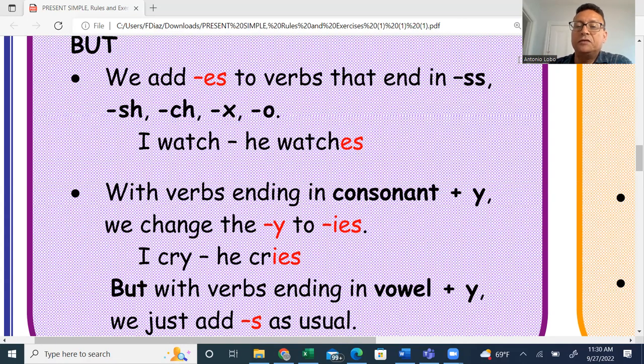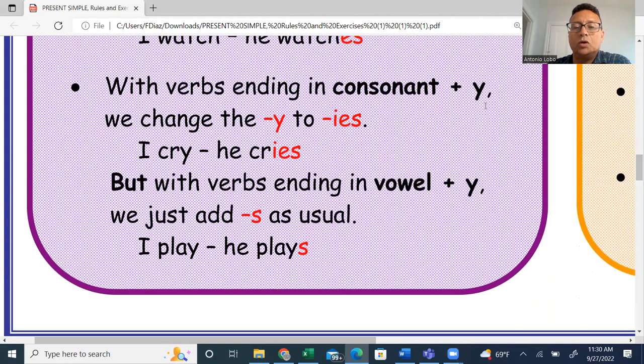So if the verb finishes with the letter Y, for example, cry or study, right?